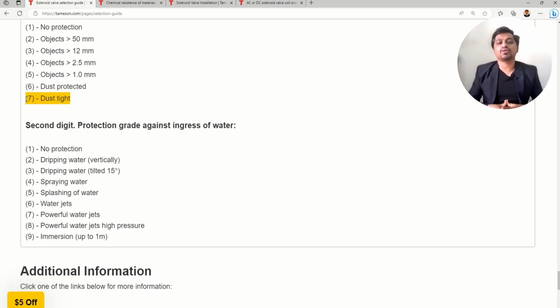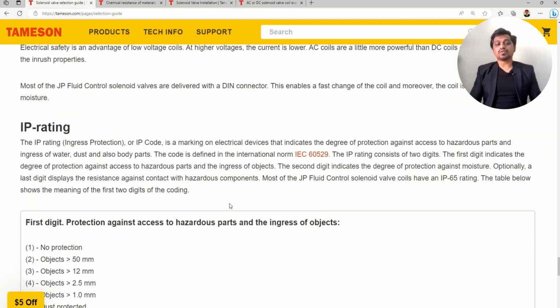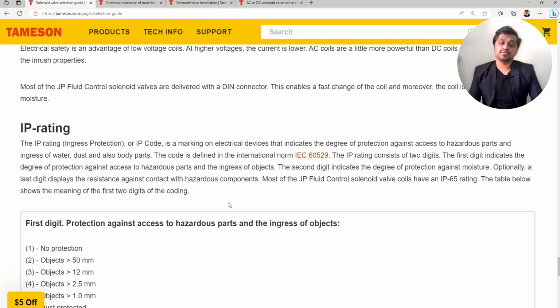That is also important. You should check what is the IP rating of the valve you have selected, because let's say if you are using the valve in a mine, it should be dust tight, so you should select number 7. If you are going underwater, the number should be 9. It must be resistant to water. So that's how the IP rating is important.